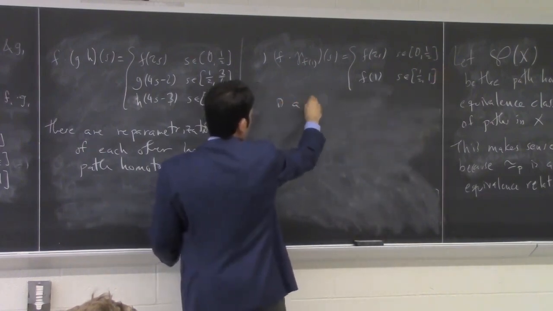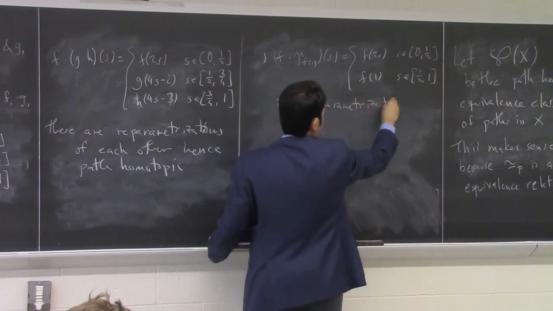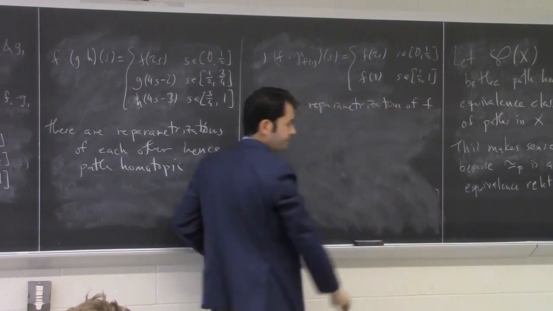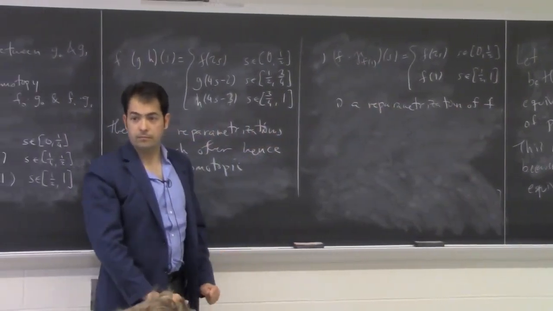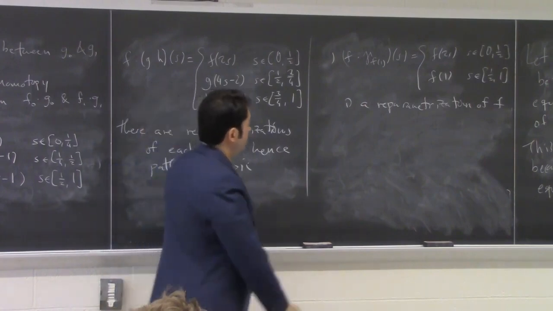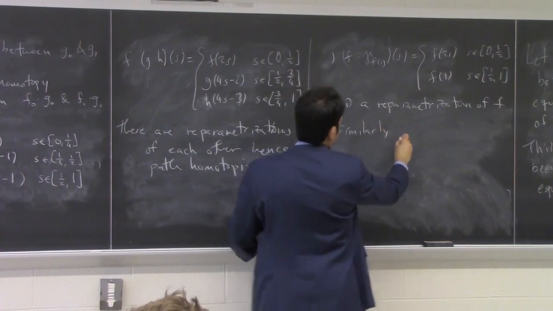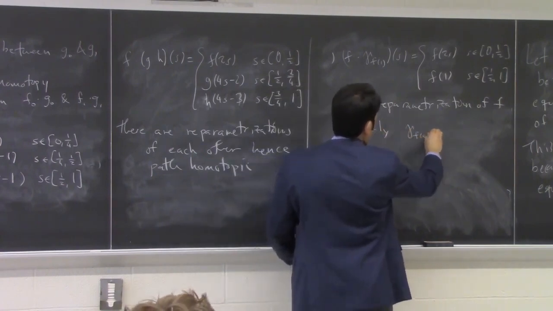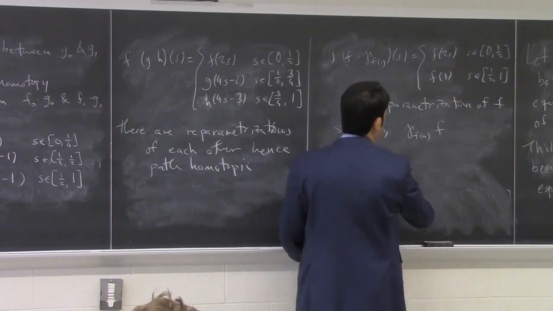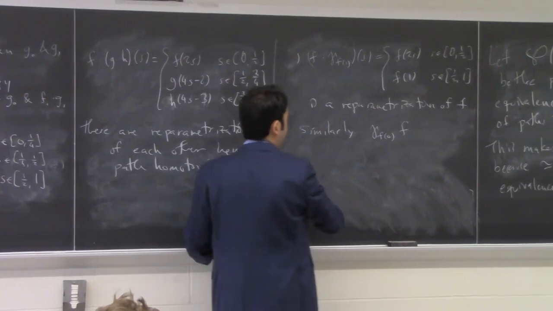So this is a reparametrization of f. Just do f in half the time and wait. Similarly, if you wait half the time and then do the path very quickly in half the time, this is a reparametrization of f.